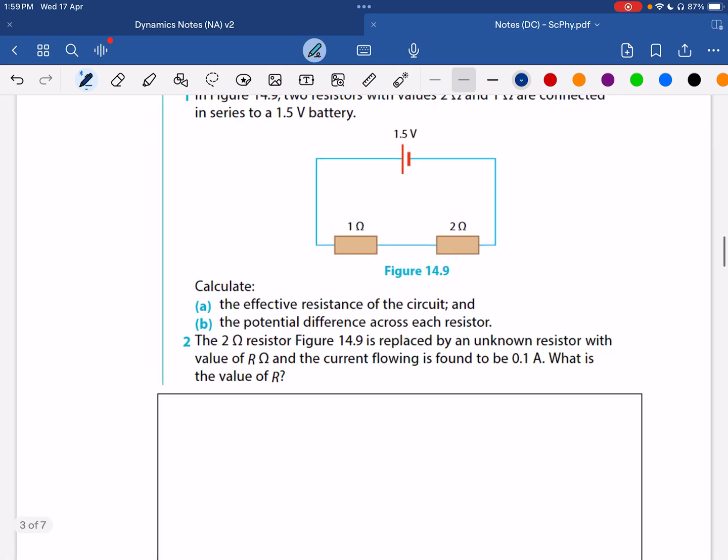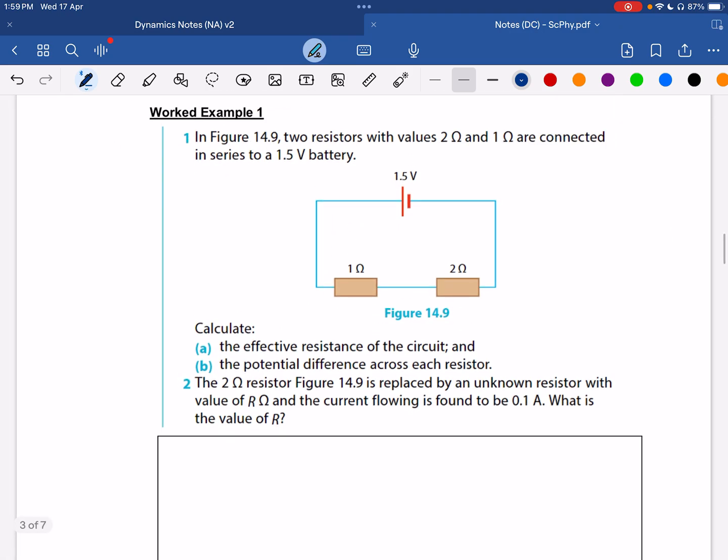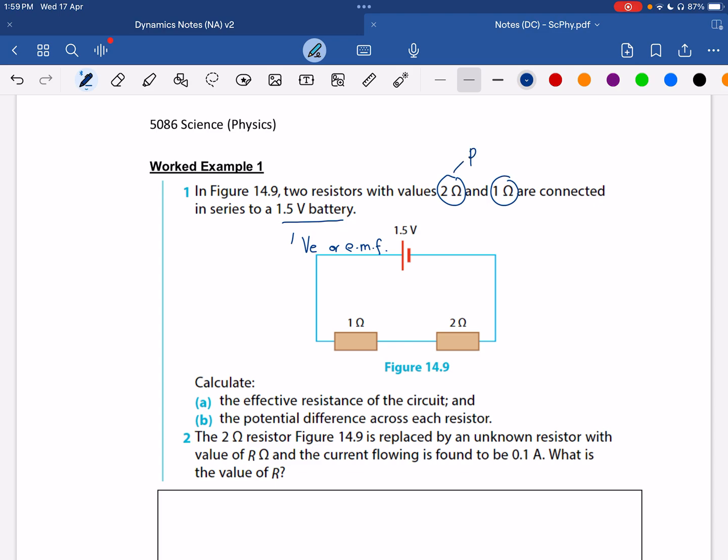Now, let's look at one example. In figure 14.9, two resistors with values of 2 ohms and 1 ohm are connected in series to a 1.5 volt battery. So VE, or you can use EMF, same thing. R1, R2.